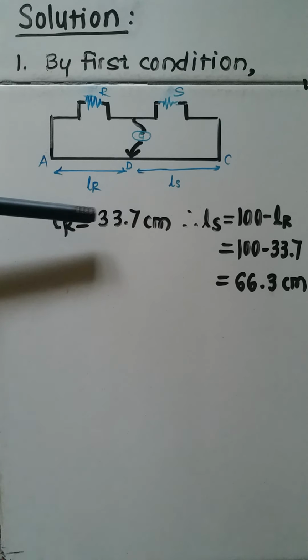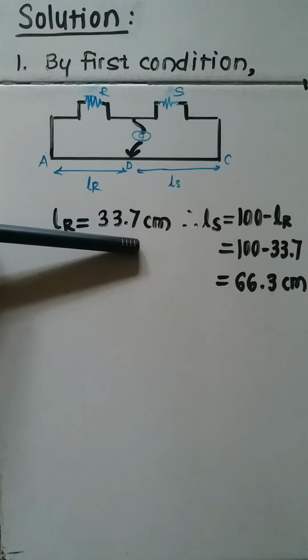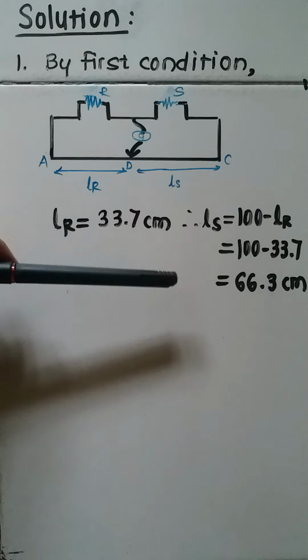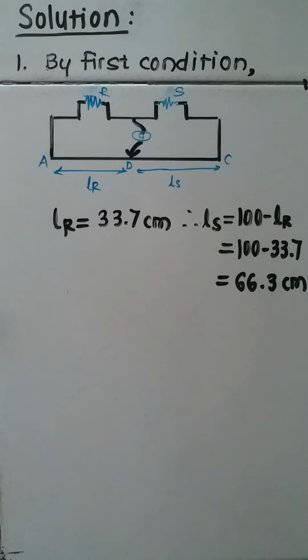The value of LR is equal to 33.7 cm. LS is equal to 100 minus LR. Therefore, LS is equal to 100 minus 33.7 equal to 66.3 cm.